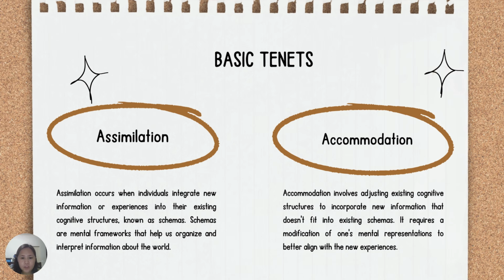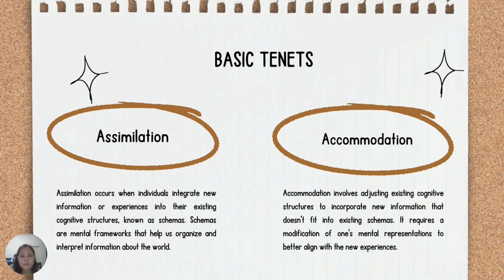That's accommodation, no? Revising one's schema to fit new experiences. So, as educators, we must provide opportunities for both, no? By building on what learners already know, that is assimilation, and introducing experiences that challenge their thinking, and that's accommodation.